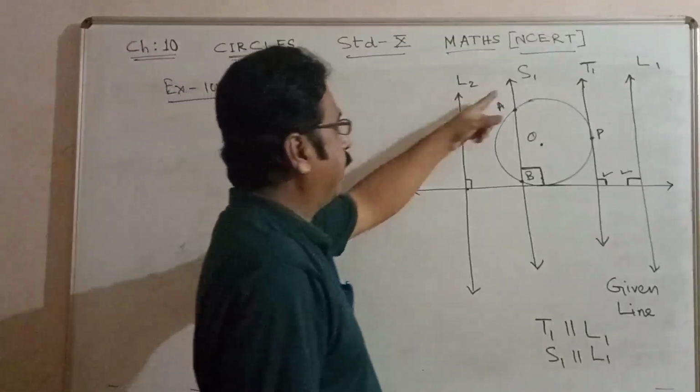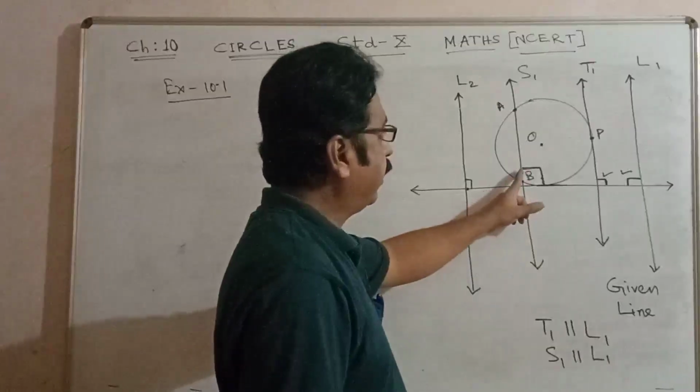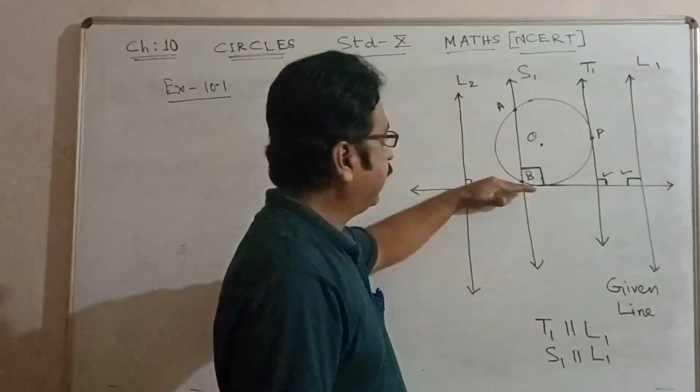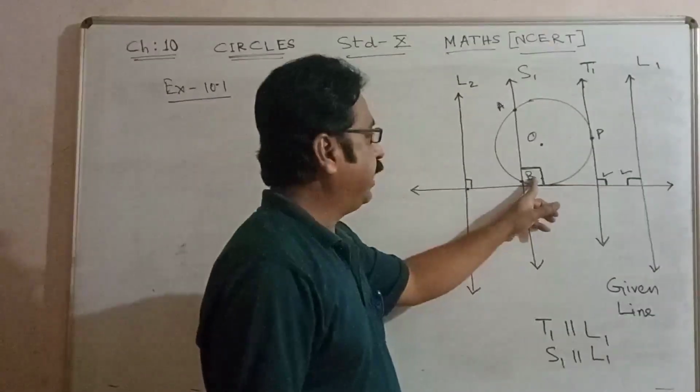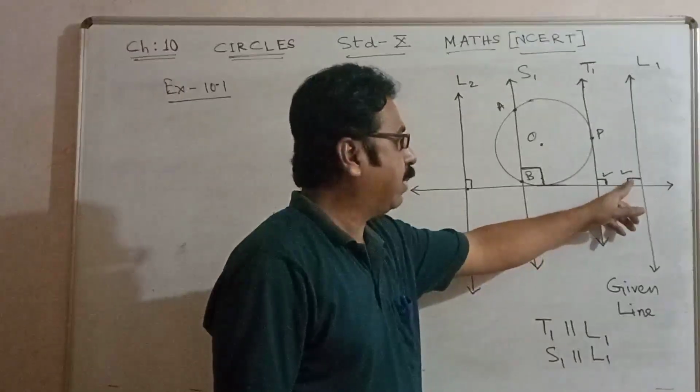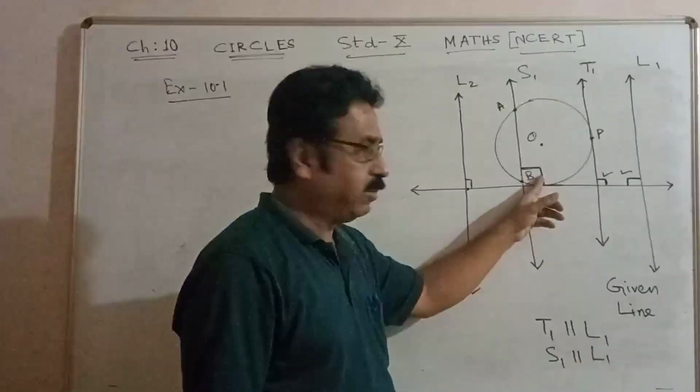Now, this secant, if you draw 90 degree here, then this is the transversal, 90 plus 90, 180, means the sum of co-interior angles is 180 degree.